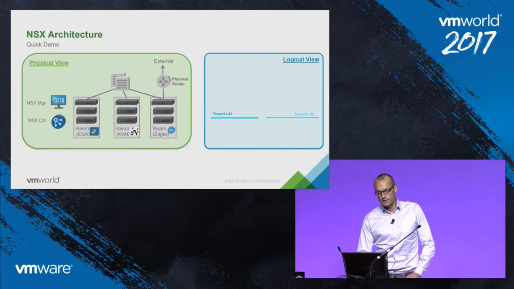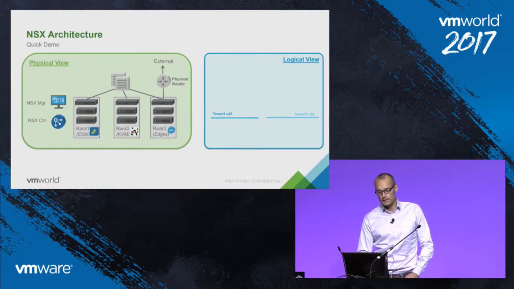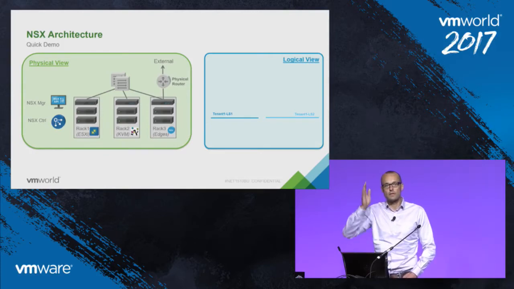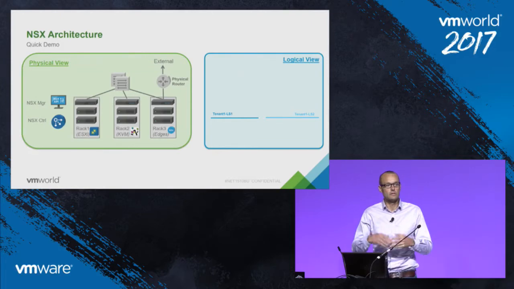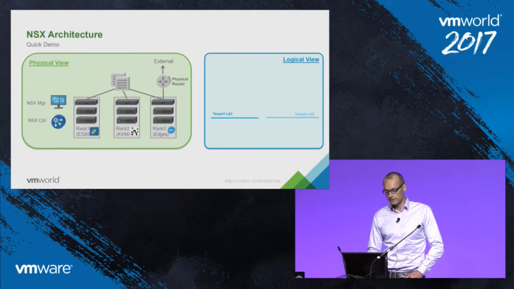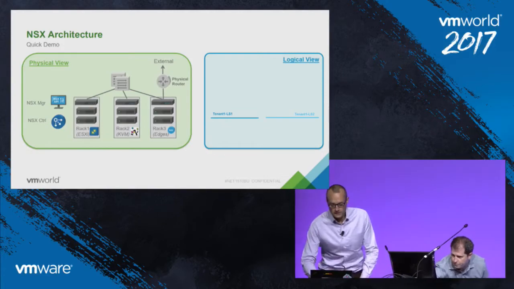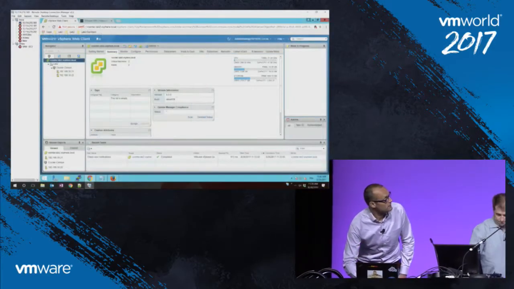And I have a rack of my edge nodes, and if you remember, those are the elements that give you the routing and especially the north-south communication to go in and out of my logical network. And I'll show you that, and since it's the first demo, I'll do something very basic. I'll create just a logical switch in my world, and I will show you how it is represented in the vSphere you know.